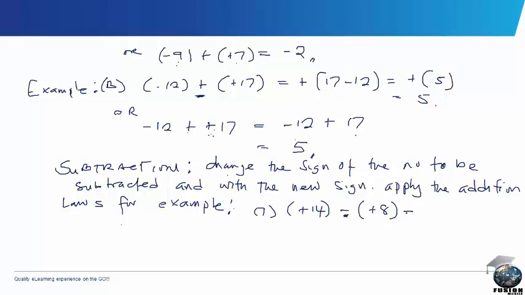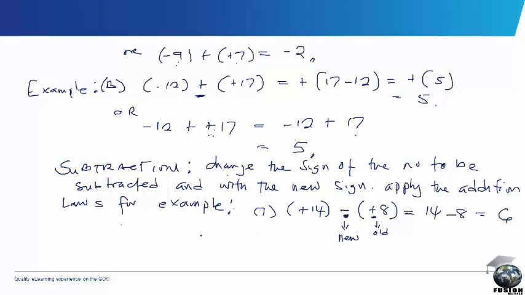If you do that, you have 14 minus 8 equal to 6. This is the number to be subtracted; you change its sign, the new sign being the subtraction sign. I have called the sign of the number to be subtracted the old sign, and when you change the new and the old, you have this.